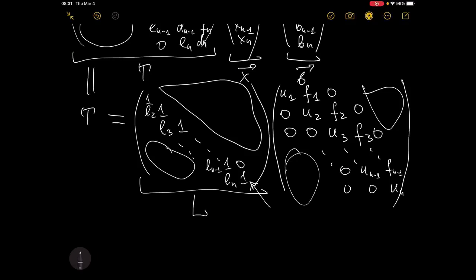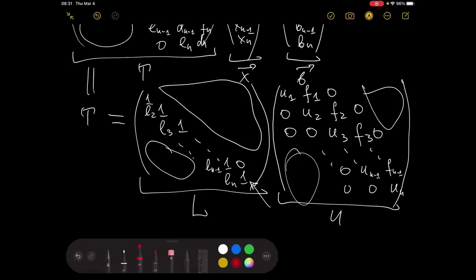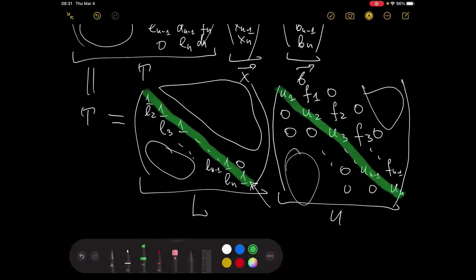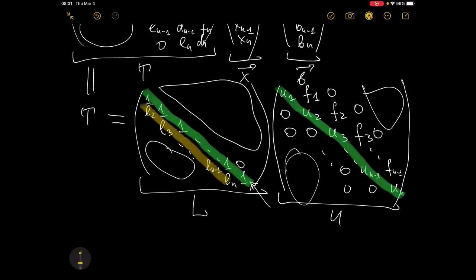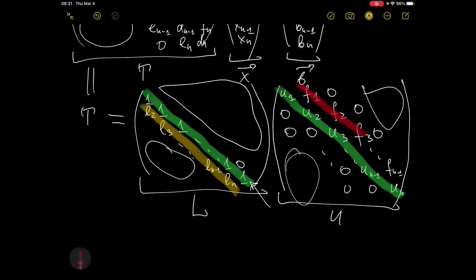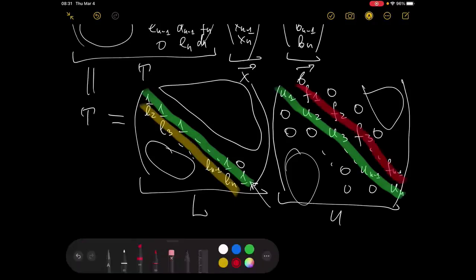So this is an upper triangular matrix. So here, once again, have a look. We have the main diagonal like that, right? And also we have here the subdiagonal, and here we have the super diagonal.